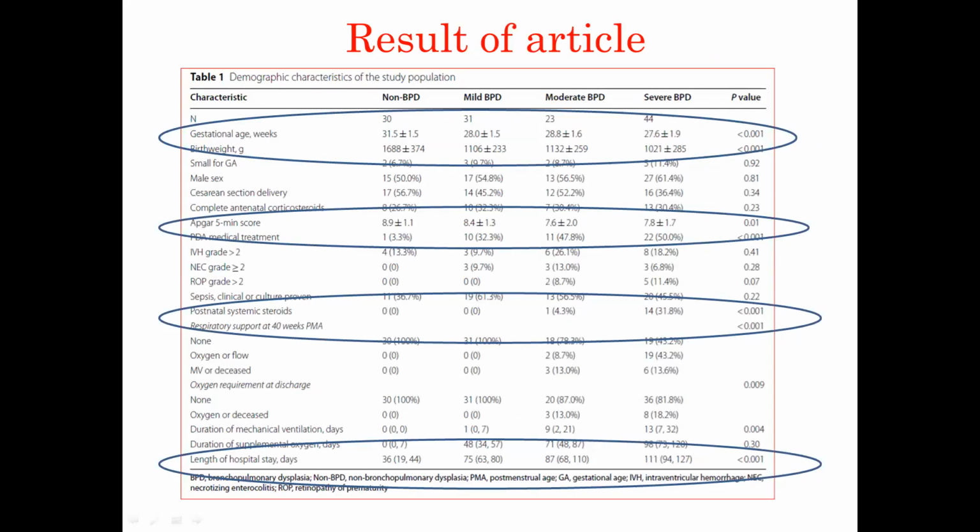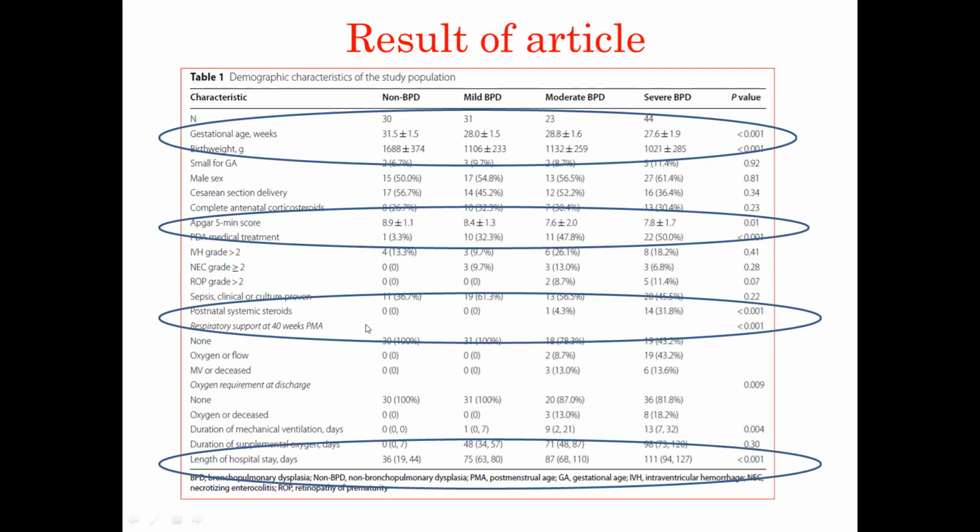The demographic characteristics of the study population showed an inverse correlation with gestational age and birth weight. As the severity of BPD increases, lower gestation means more chances of severe BPD, with a significant p-value of less than 0.001. The APGAR score at 5 minutes and PDA treatment also have a significant correlation.